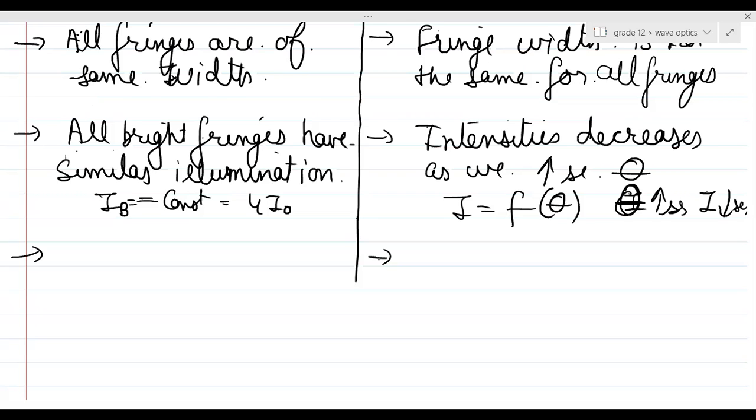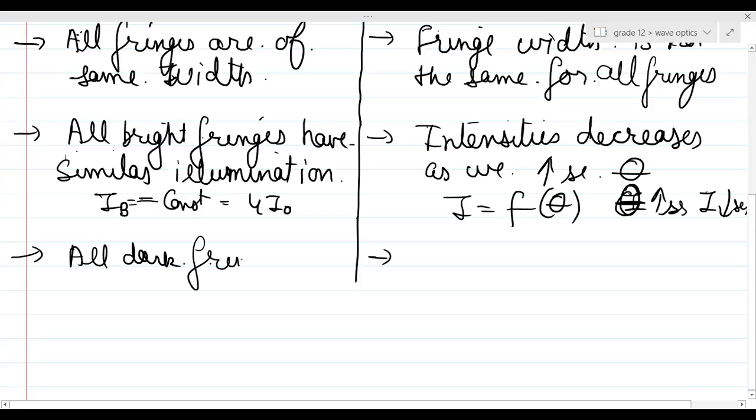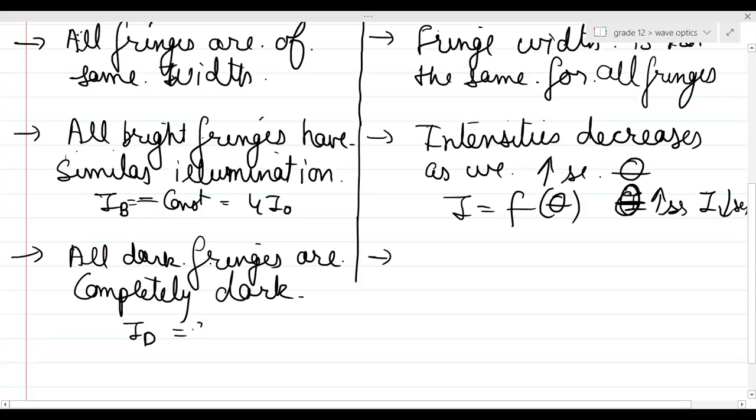Is this clear, guys? Intensity is a function of theta. Next, what about all dark fringes? Can you see here, all dark fringes in the case of interference are completely dark, provided the intensity from the two sources is equal, right? So here the intensity of a dark fringe is basically zero.